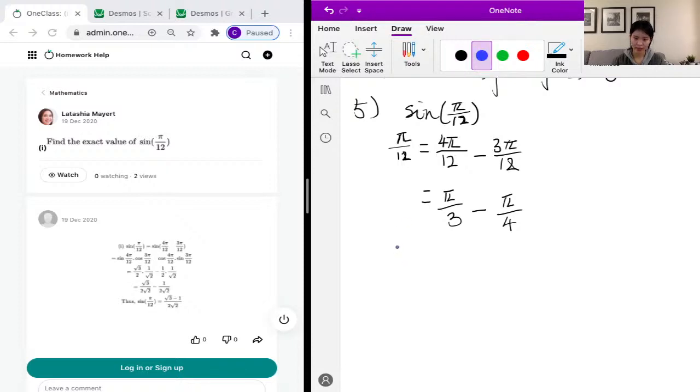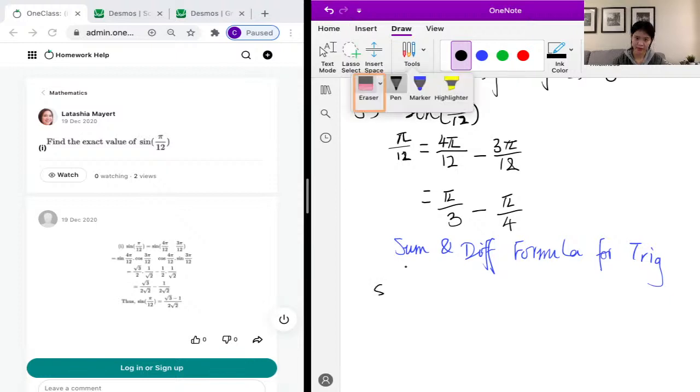Because we know the sum and difference formula for trig. This is a formula that you could either memorize, or if it's given to you on your formula sheet, then you don't need to memorize it.